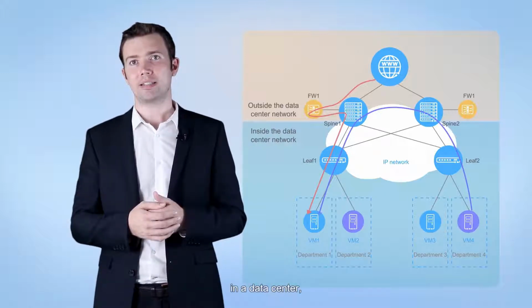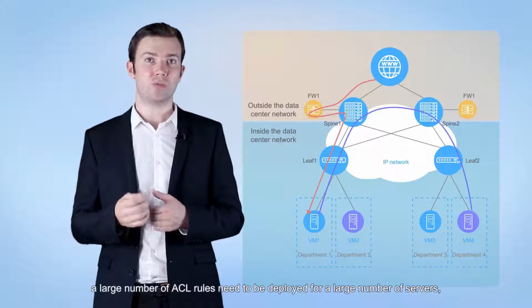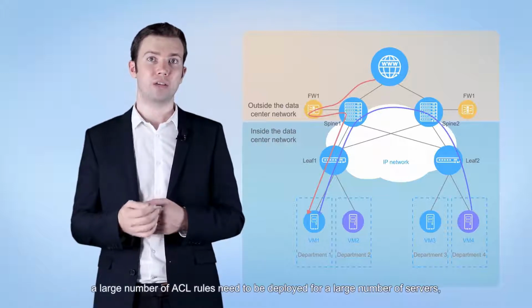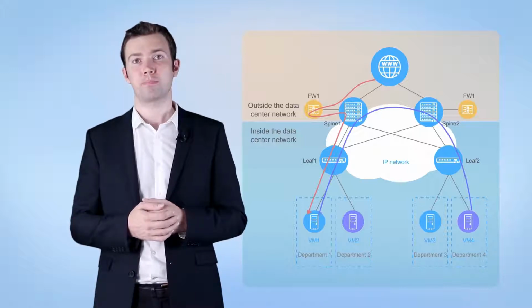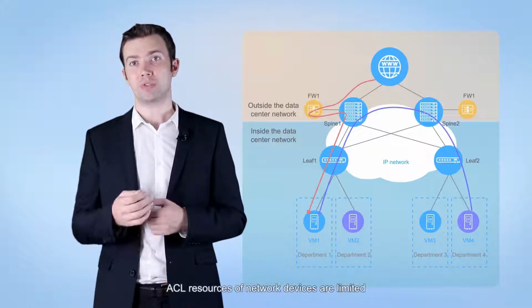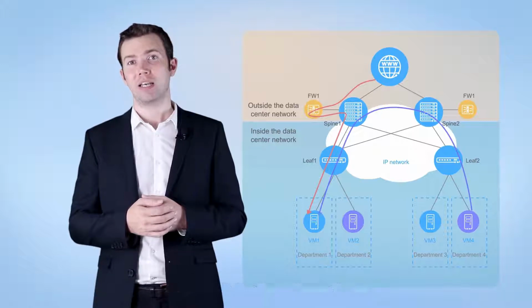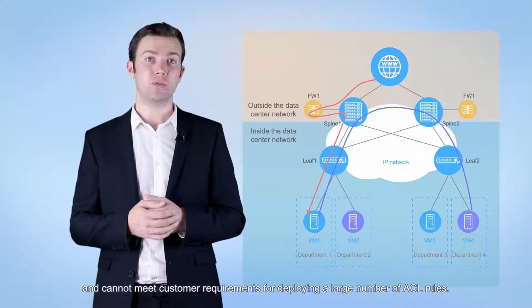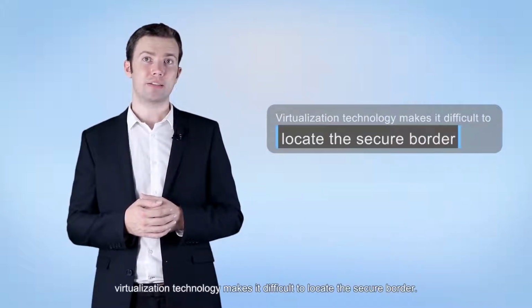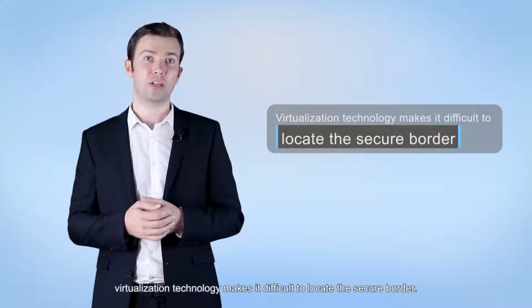However, in a data center, a large number of ACL rules need to be deployed for a large number of servers, resulting in complex configuration and maintenance. In addition, ACL resources of network devices are limited and cannot meet customer requirements for deploying a large number of ACL rules. Last, virtualization technology makes it difficult to locate the secure border.